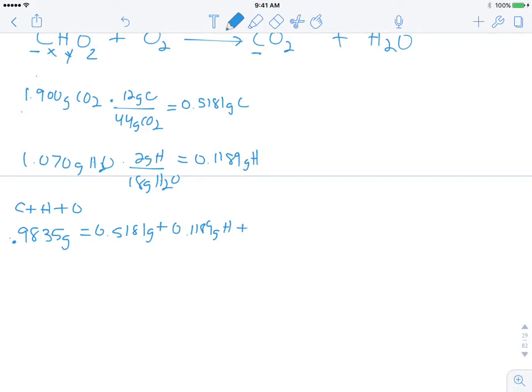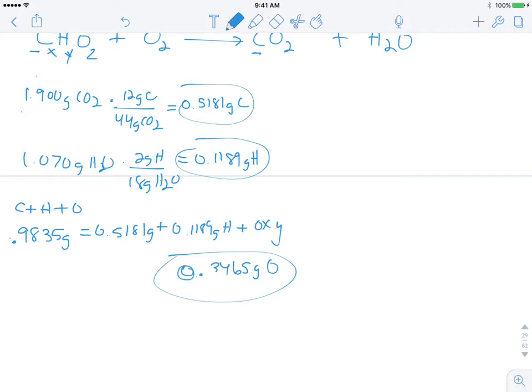I don't know the oxygen, but now I can solve for it really easy. If I just do 0.9835 minus 0.5181 minus 0.1189, I will get that my amount of oxygen is 0.3465 grams of oxygen.